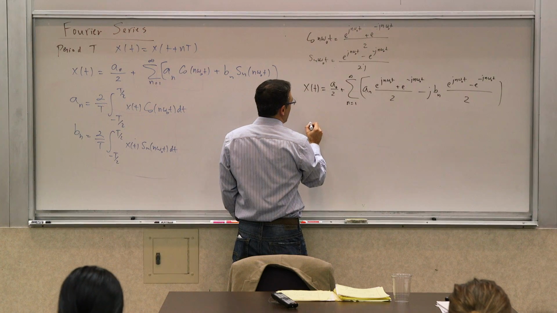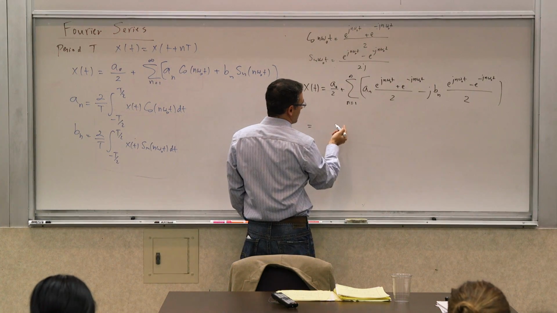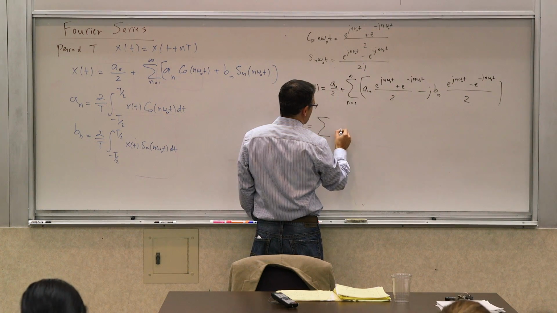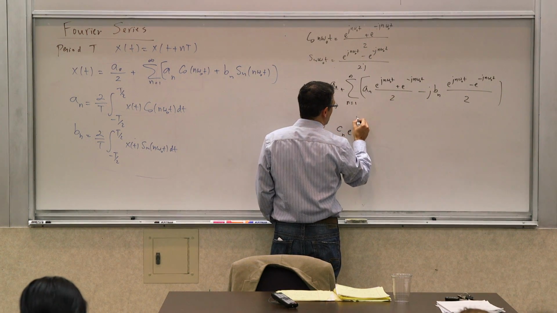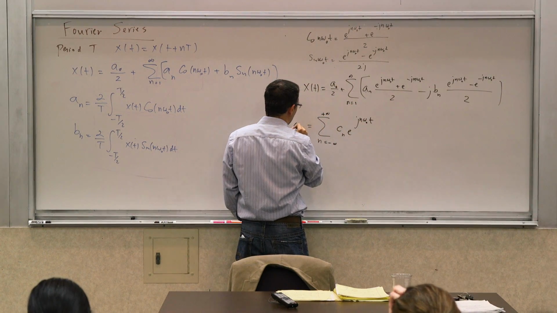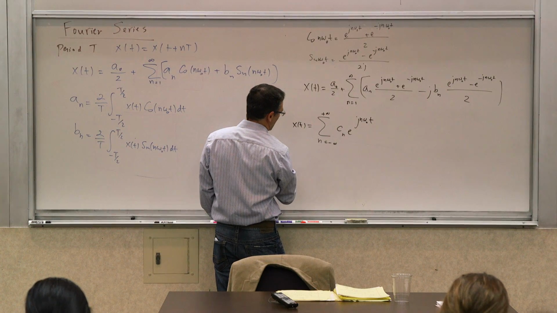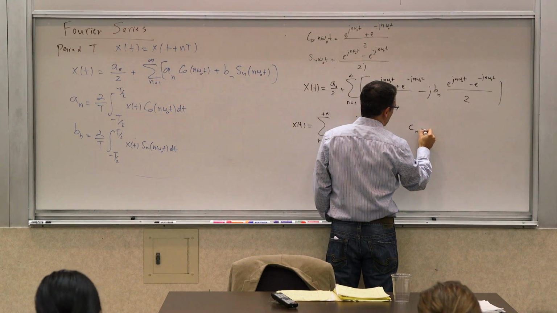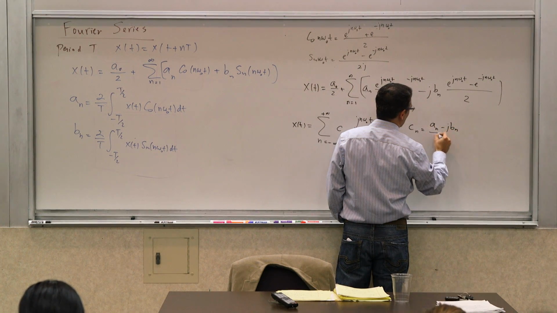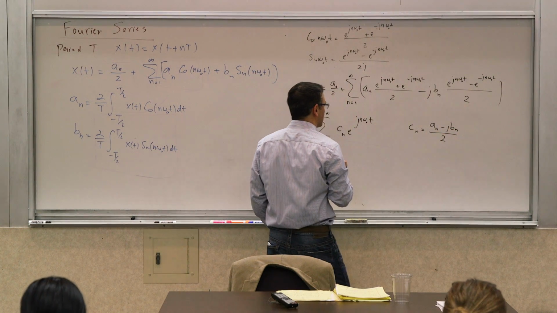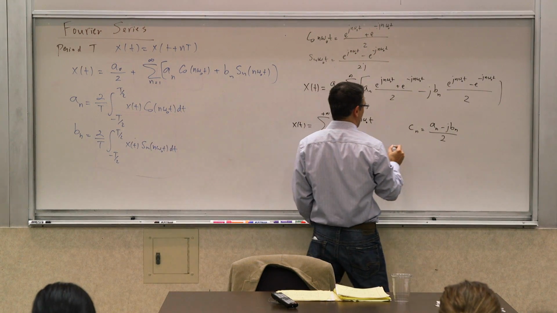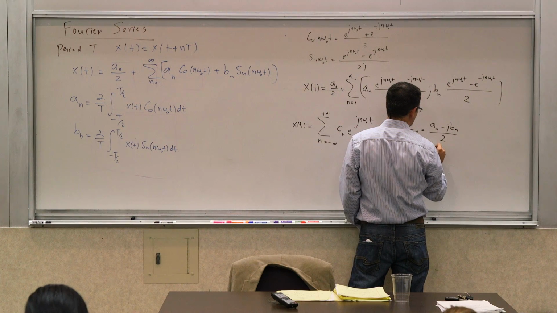So I can reorder this, and then when I do that, you can easily see that I can write this whole thing as some Cn e to the j n omega naught t with n going from negative infinity to positive infinity, where Cn's are essentially an minus j bn over 2. And C0 is a0 over 2.